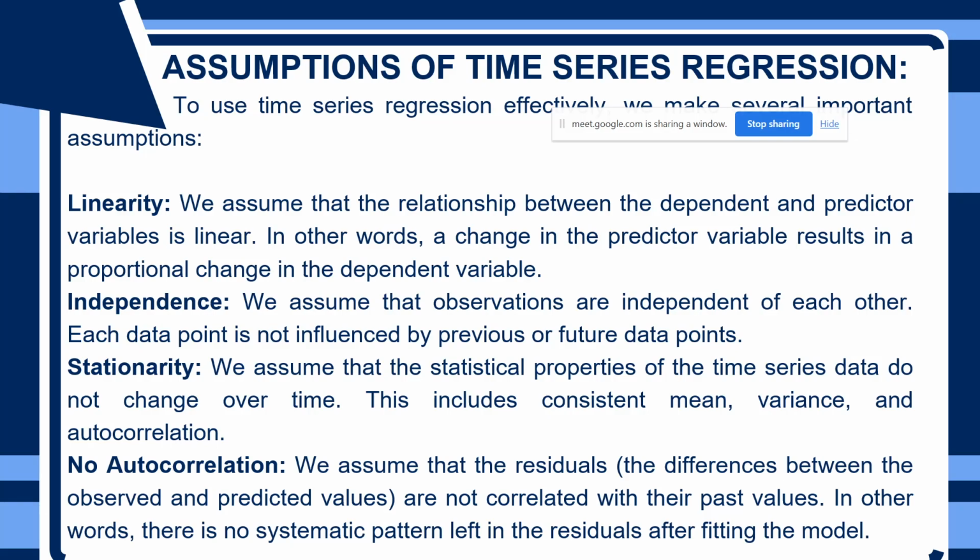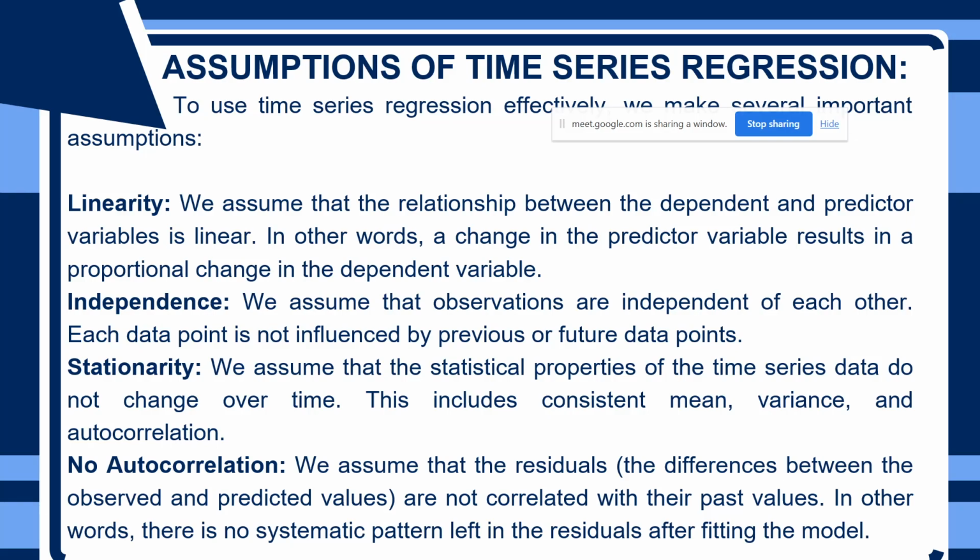We assume that residuals, or the difference between the observed and predicted values, are not correlated with their past values. In other words, there is no systematic pattern left in the residuals after fitting the model. Autocorrelation is about the independence of prediction errors over time.